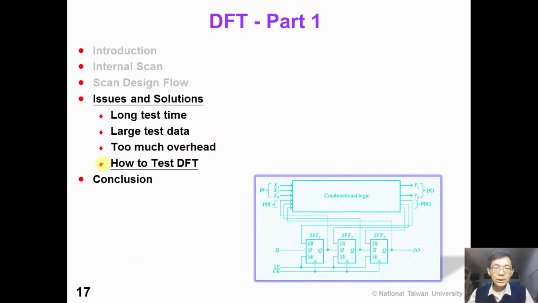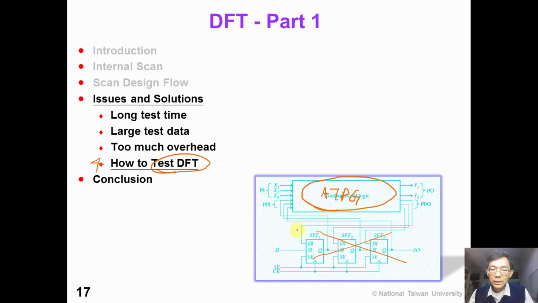Now we can discuss the last issue, how to test the scan chain itself. Remember that in the ATPG chapter, we talked about test generation for logic gates, but we did not consider the scan chain in ATPG.